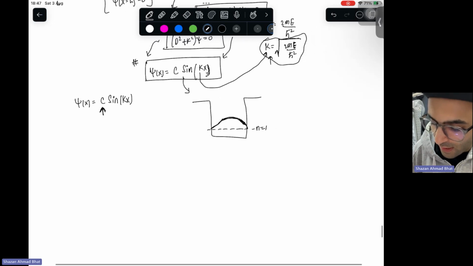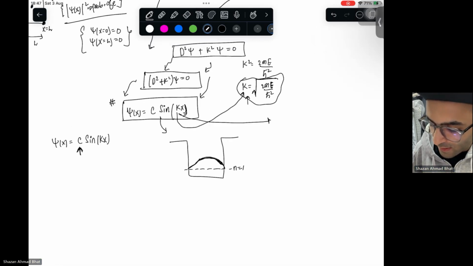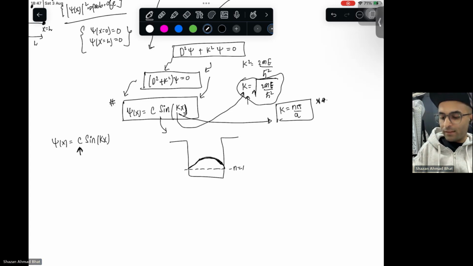When you again solve this, you note that for this sine of kx, when you use the boundary conditions, you arrive at a condition where k is only an integer multiple of nπ by a. And how do you arrive at this, where you can define k to be equivalent to nπ by a?